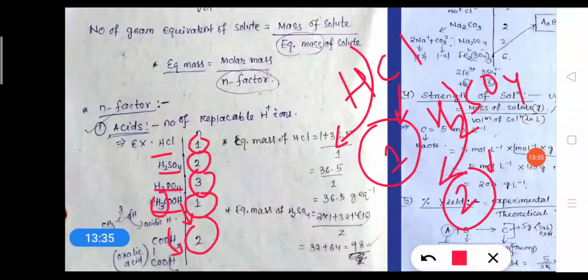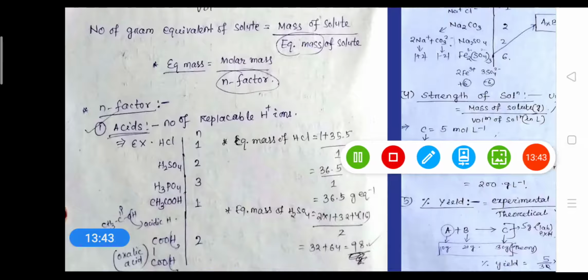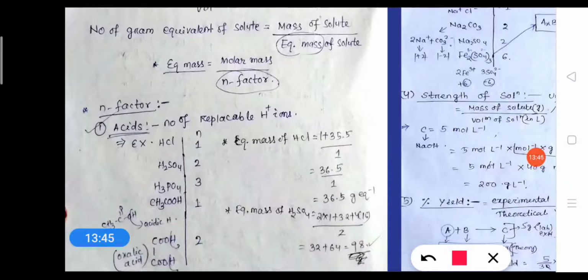Okay, oxalic acid. Then how with the help of n factor can we calculate equivalent mass? The equivalent mass of HCl is equal to molar mass, hydrogen molar mass 1 plus chlorine molar mass 35.5, after adding, divided by n factor 1, so its value is 36.5 gram per equivalent.